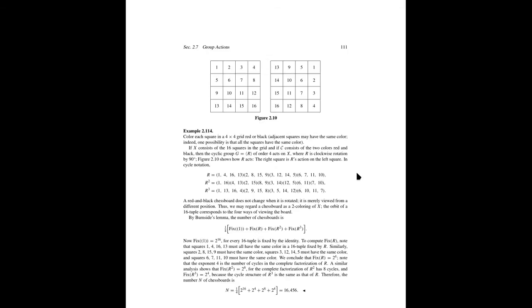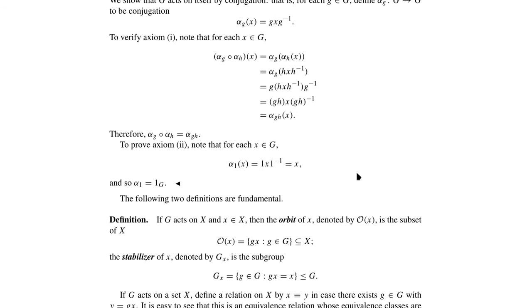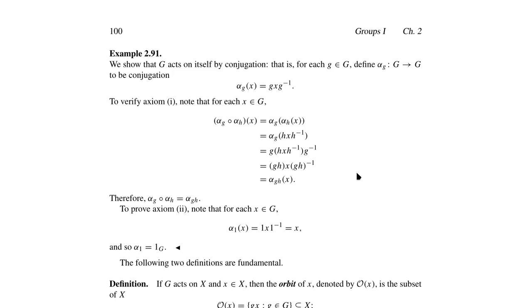We won't be able to go through each of them and prove them, but let's see. So this example is the function that you define is just the conjugation. So for every element you get the conjugation: alpha g of x is equal to g x g inverse.